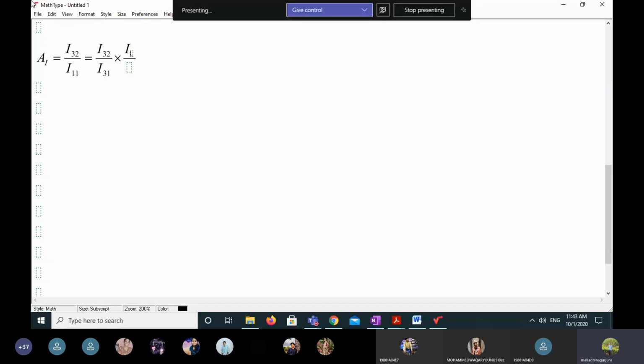I31 gets cancelled, so finally we get I32 by I11. Fine, this is clear.